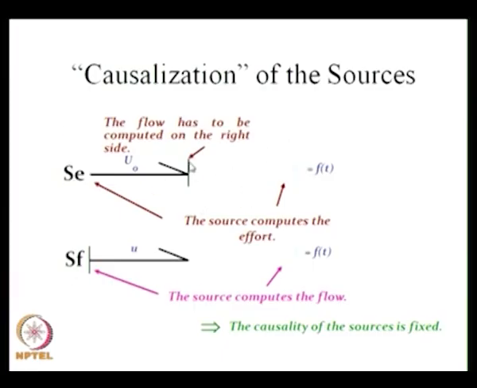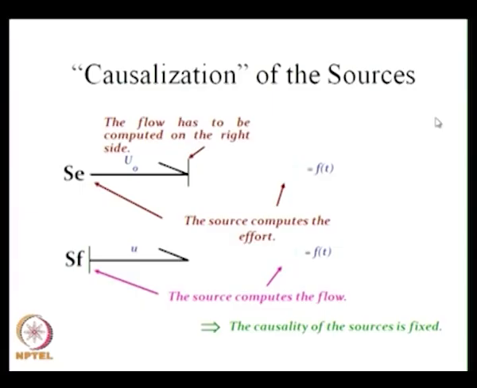So for the source effort you will always have a causal stroke here, and for the source flow you will have a causal stroke at the other end, on the left side of the bond. So the causality of the sources is fixed. You cannot change it because the source computes the effort or the flow, so it is already fixed.